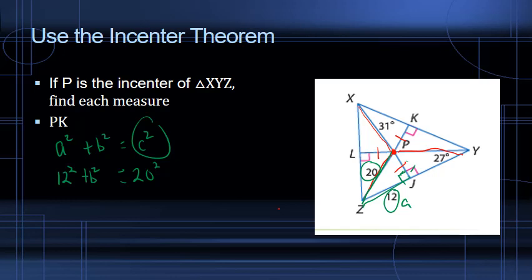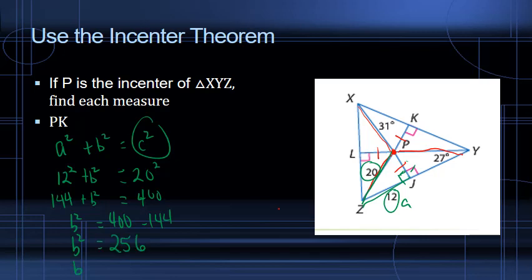Let's say 144, which is 12 squared, plus b squared equals 20 squared, which is 400. Let's subtract 144 from both sides. So b squared is equal to 400 minus 144. And 400 minus 144 is 256. So b squared is 256.